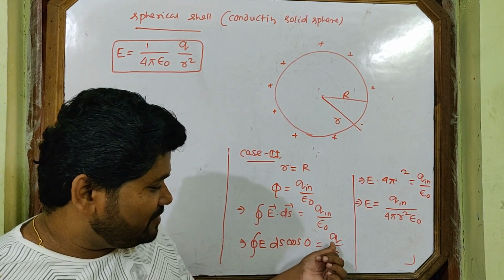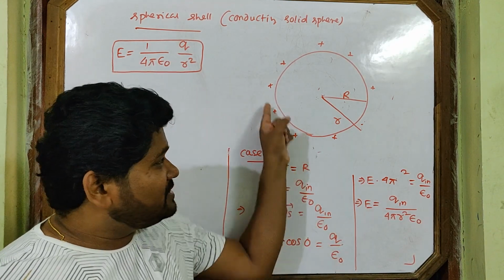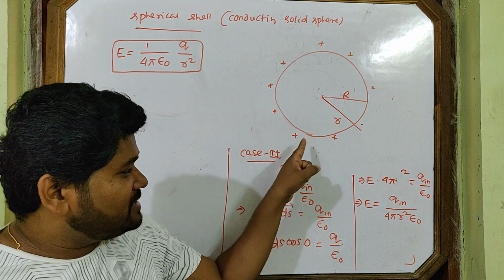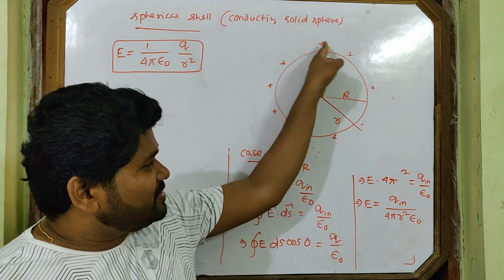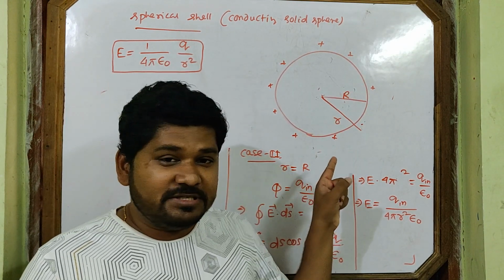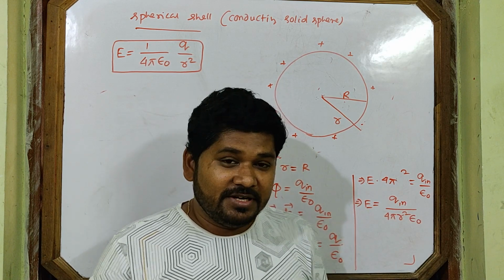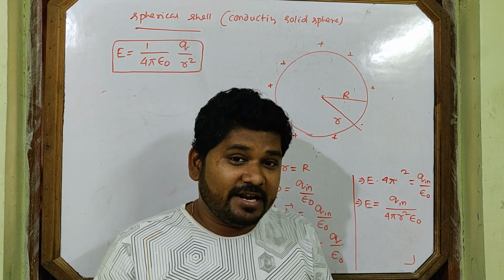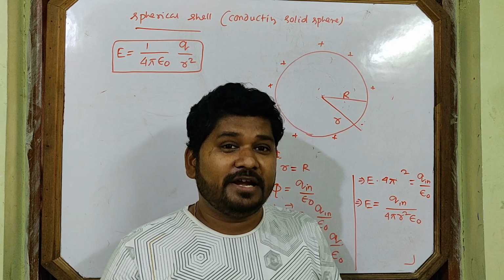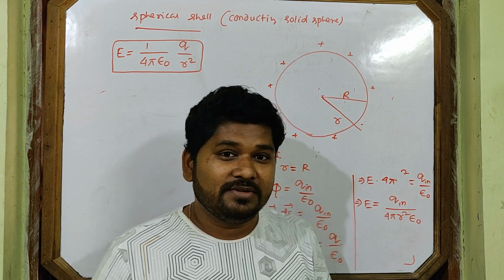Now the question may come to your mind. When you consider on the surface, r is equal to R, then the surface itself is the Gaussian surface, meaning charges are present on the surface. If on the surface, how are they taken into account?